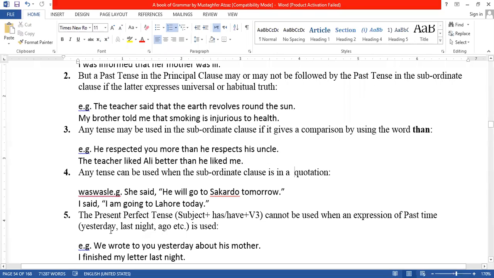Fine. Okay. Now come to rule number five. The present perfect tense. Fine. What tense? The present perfect tense: subject plus has or have plus verb third form cannot be used with an expression of past time.